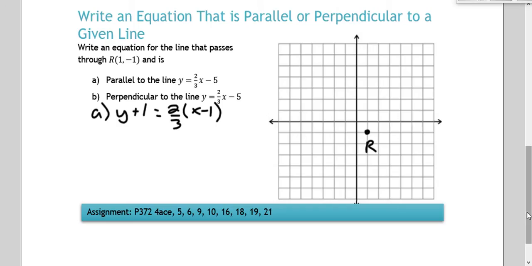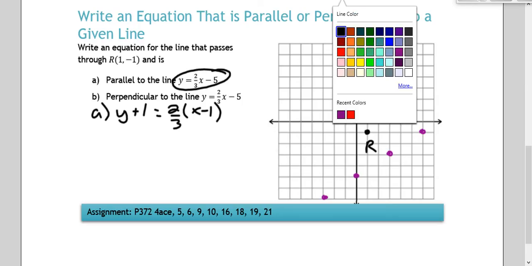And if we graph this, so you guys can see, 1, 2, 3, 4, 5, and then up to 1, 2, 3, down to, okay, and then let's draw a nice straight line through it.